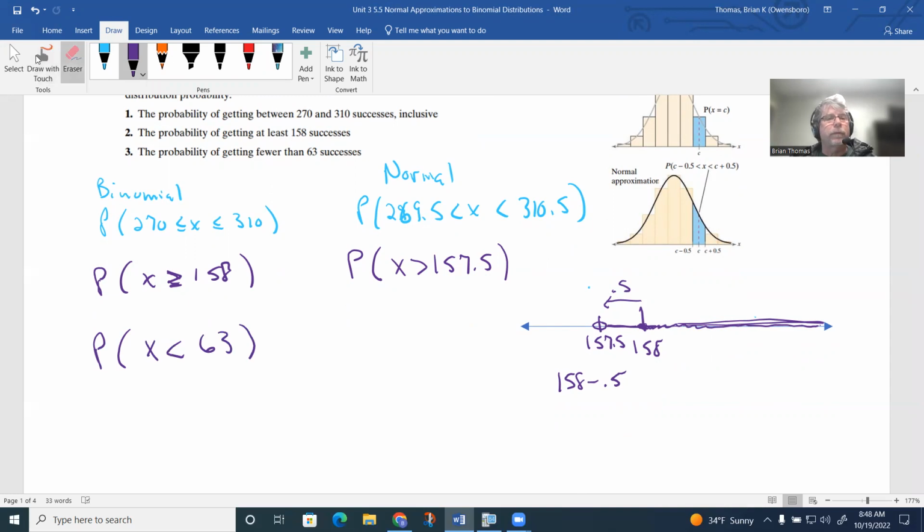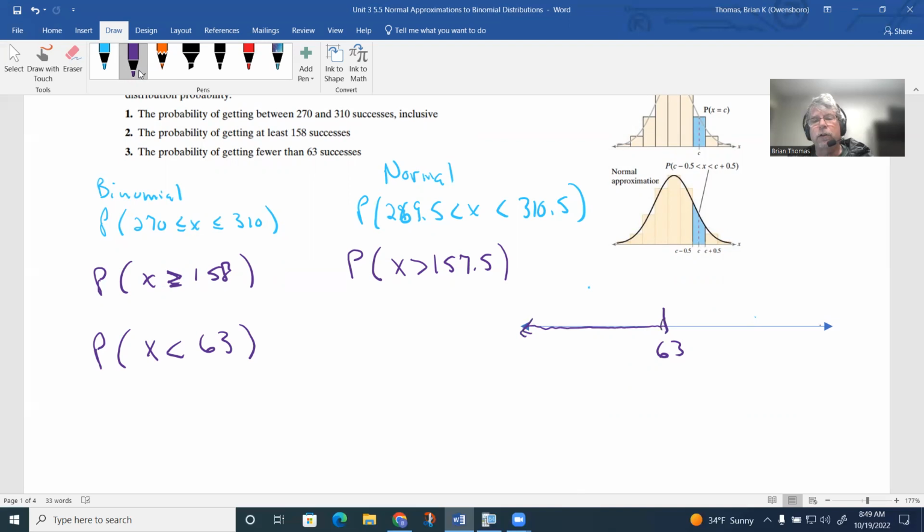So fewer than means do not include. So if I was trying to model this on my number line, the 63 would go out here. And again, fewer than means to the left. Notice how my arrow is pointing to the left. That's a less than symbol.